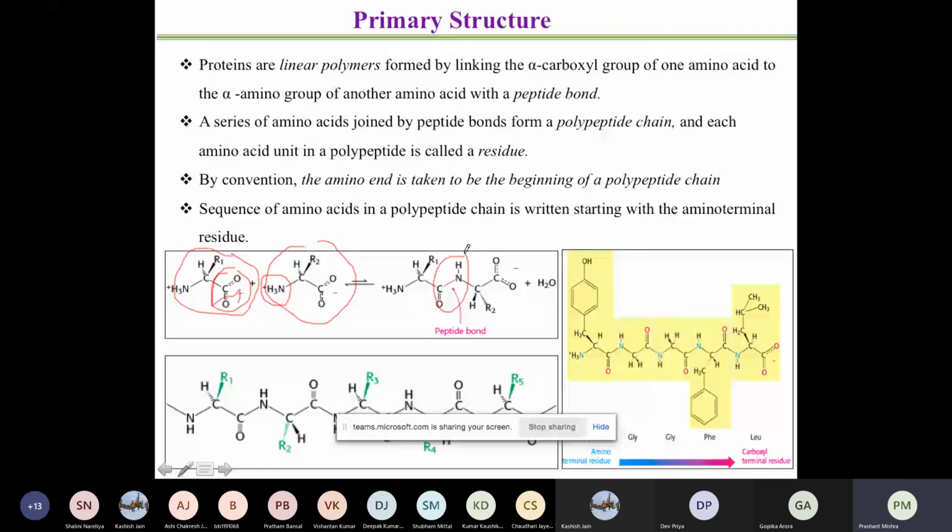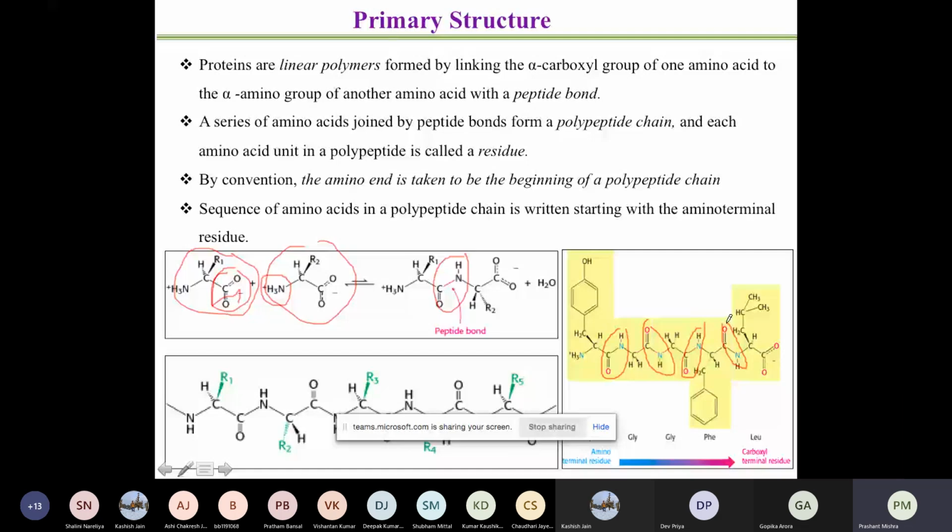So in a protein, if there are many amino acids linked together, what do you expect? You expect that these peptide bonds will be several. Look at this structure. You have one peptide bond, two peptide bonds, three peptide bonds. So the number of amino acids will decide how many peptide bonds are going to be present.